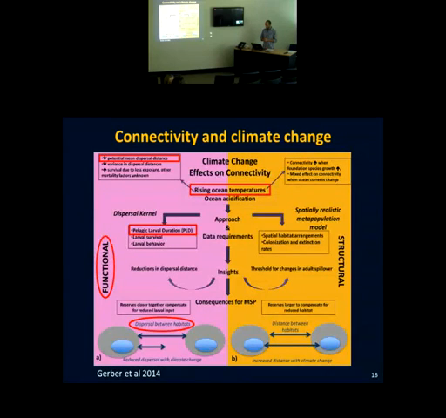What this means is that we expect increasing ocean temperatures will likely result in a reduced planktonic larval duration, which eventually will be reflected in the patterns of connectivity.